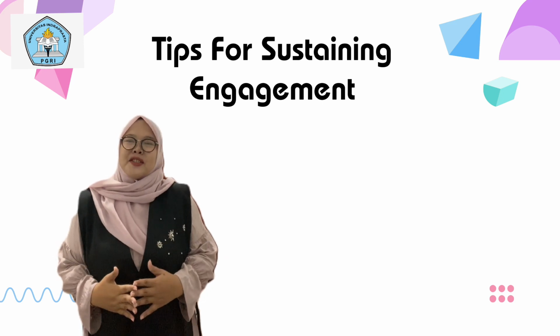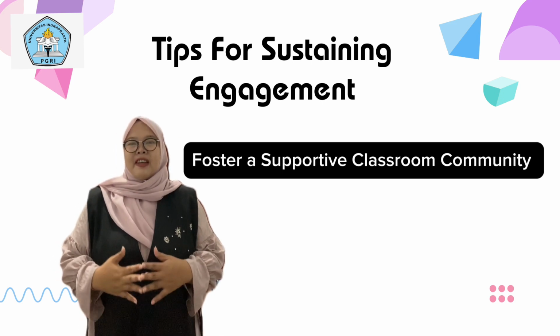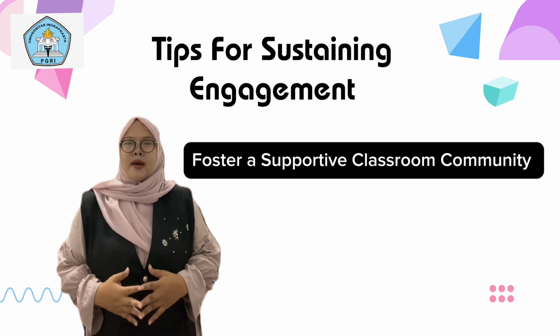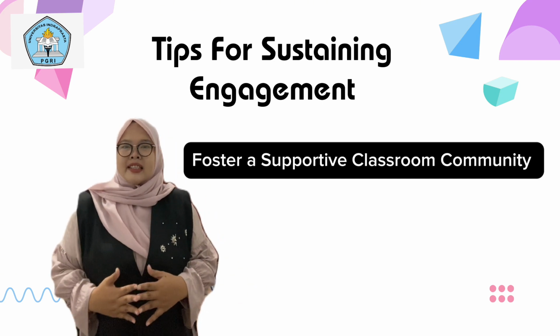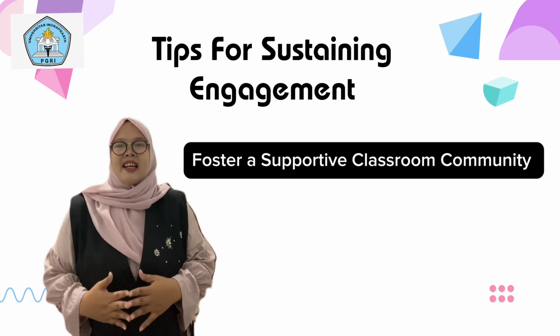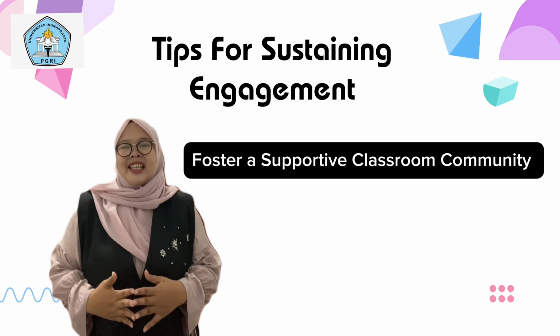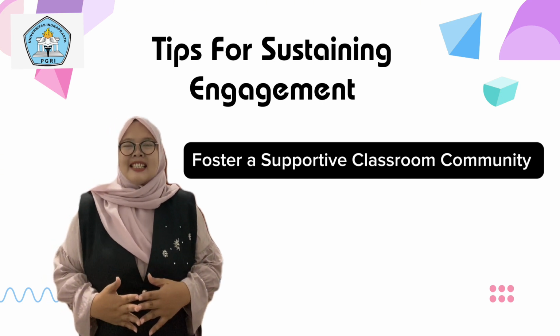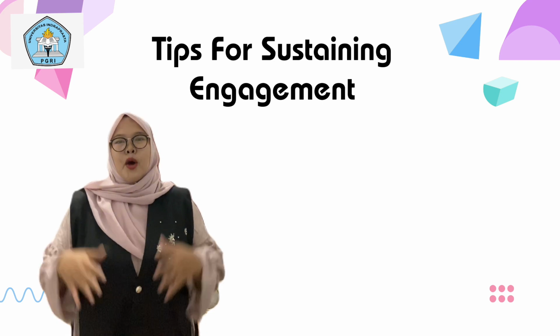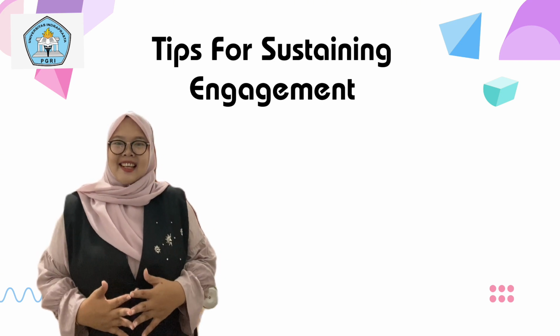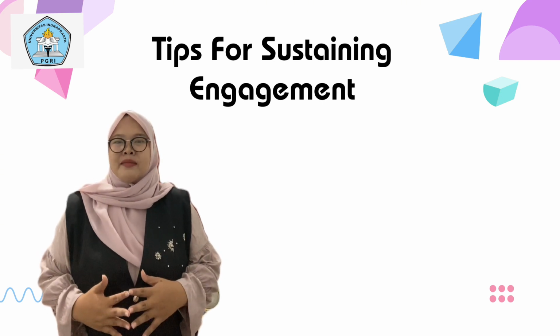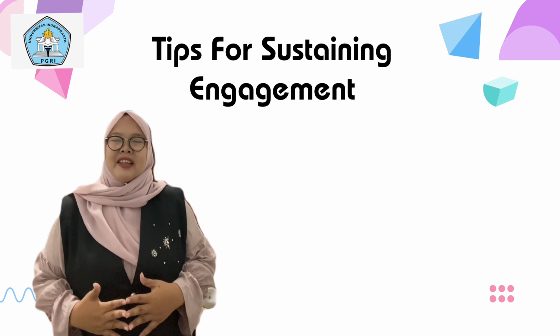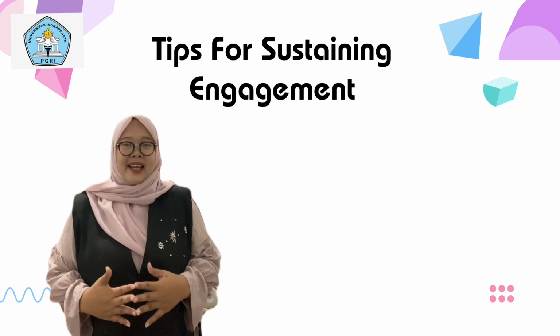Lastly, create a classroom environment that feels safe and supportive. When learners feel respected, encouraged, and connected to both their peers and teachers, they are more likely to participate and stay engaged. When applied consistently, these tips can transform the classroom into a motivating and dynamic learning space.